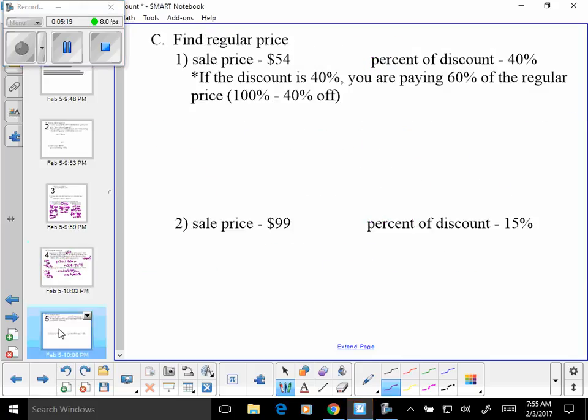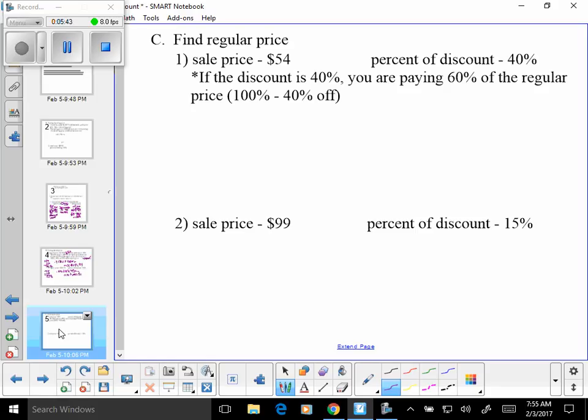So in our third thing, what if we know the sale price, we know what the percent of discount was, but we want to find out what the regular price of the item really was. Now, if the discount is 40%, remember, you're really paying 60% of the regular price.